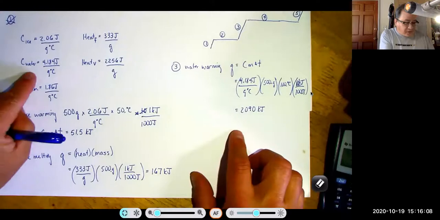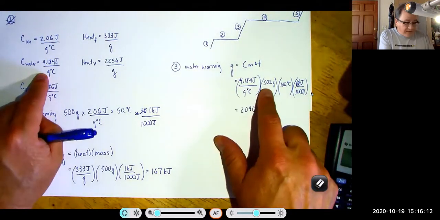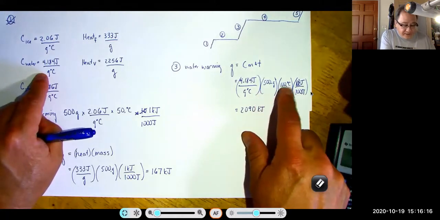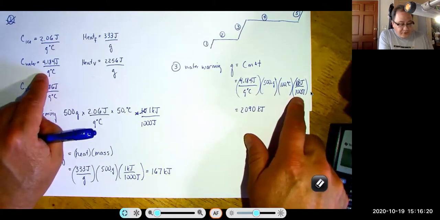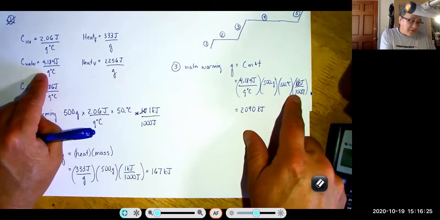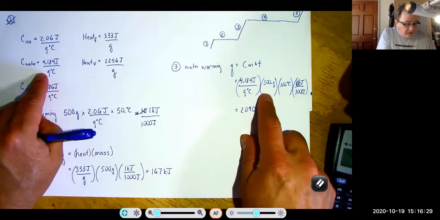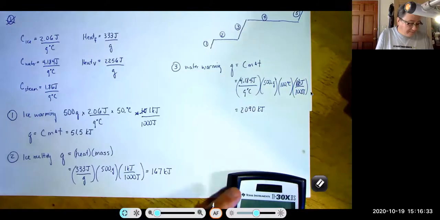Specific heat capacity of water is 4.184. Here we have 500 grams. We are going from a temperature of 0 to 100, which is 100. And then we have 1,000 here for the conversion. This divided by this puts 100 on the bottom. 100 goes into 5 times. Oh, I see what I did wrong.